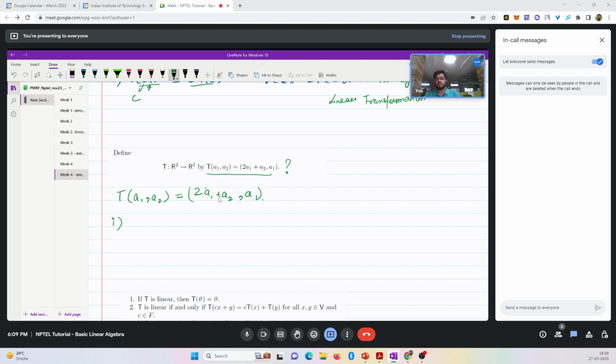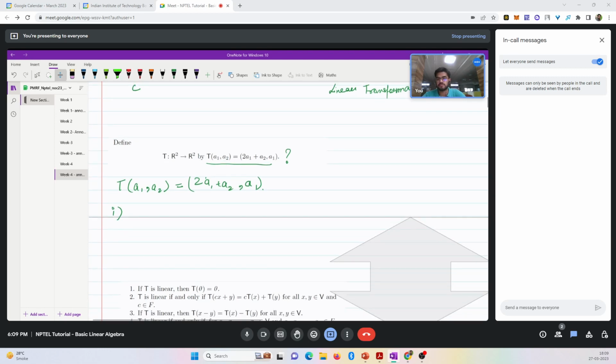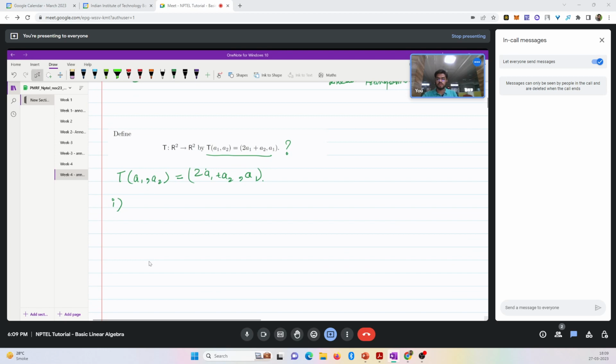We will first prove the first property, that is, T of x plus y is equal to T of x plus T of y. Let's say x is equal to x1, x2 and y is equal to y1, y2. Then let's evaluate the LHS first.